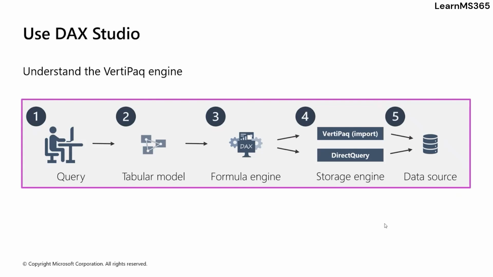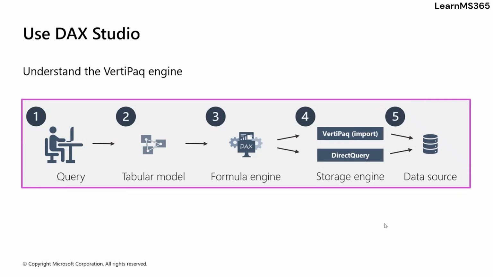When a query is processed, the formula engine processes the request, asks the storage engine for data, and performs the necessary calculations. Then the storage engine retrieves and aggregates the data requested by the formula engine.